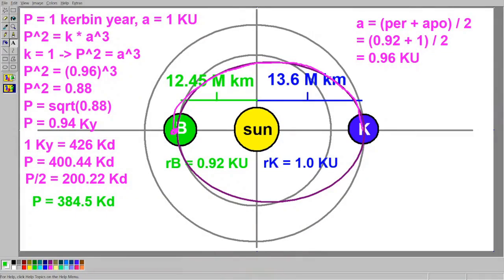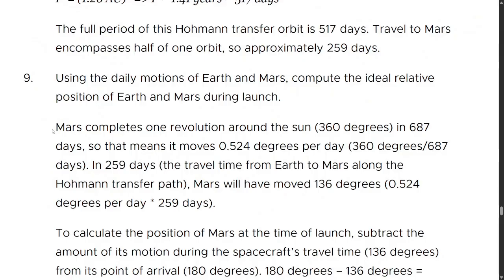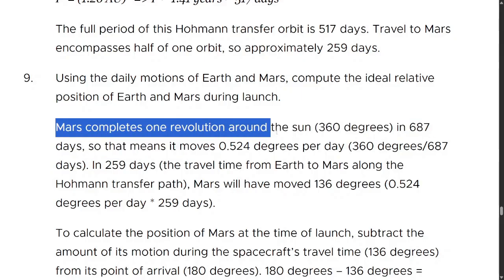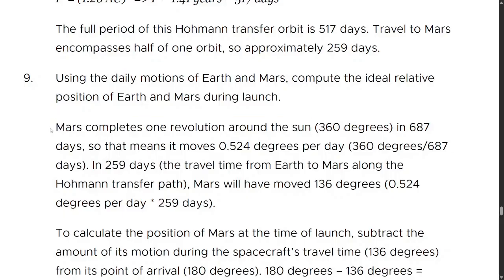So if we go back to the math, what do we need to do now? Oh, yes, we're supposed to complete it. So Mars completes 1 revolution around the sun. Okay, let me replace this with Bill Kerman.